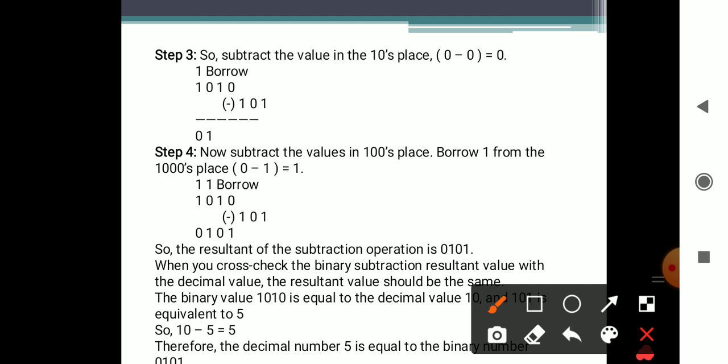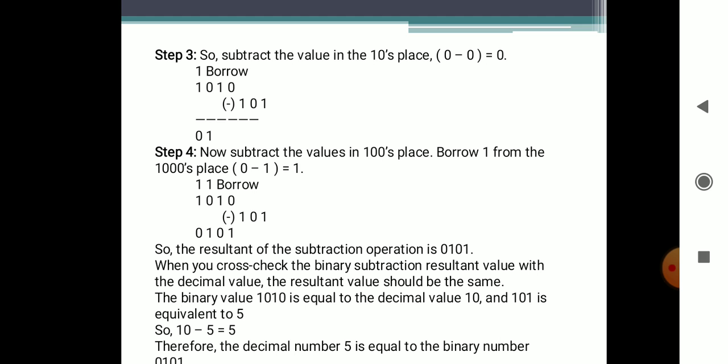In this slide, I think some digits have changed. So listen carefully. If in this case our resultant of subtraction operation is 0 1 0 1, when you cross-check the binary subtraction result value with the decimal value, the result value should be the same.